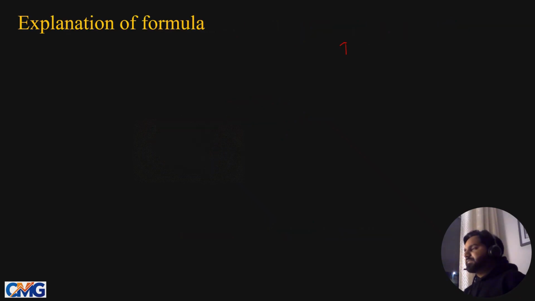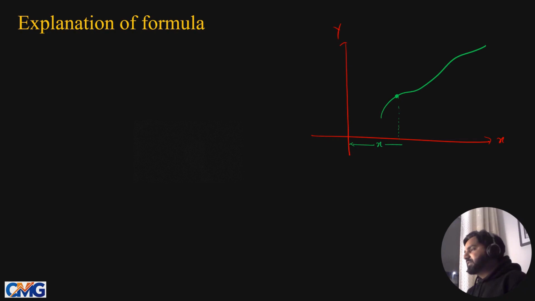So let's take an x-axis and a y-axis and take a function. So let's suppose this is a function and take 2 points, one here which corresponds to x. So this distance is x, and take another point which is a little bit far away from the x, and this distance is h.